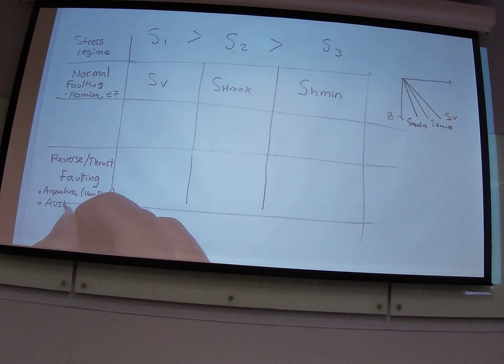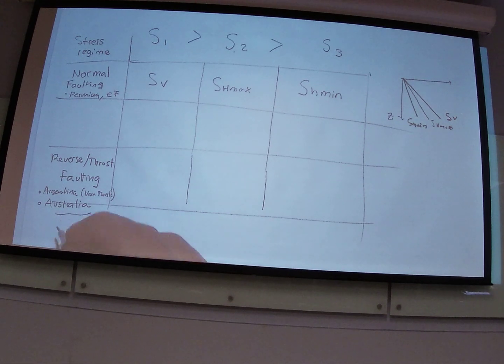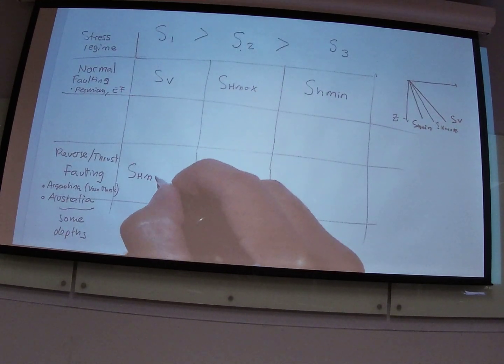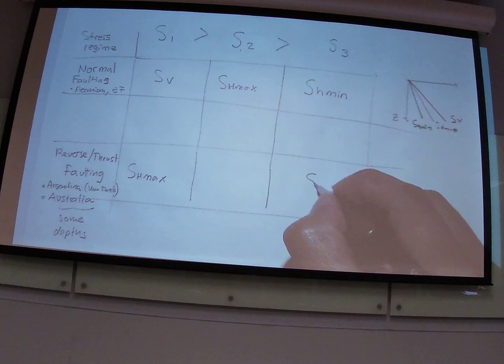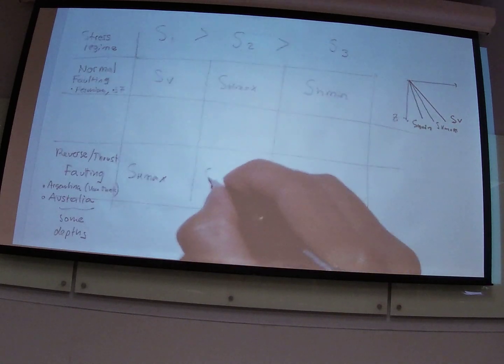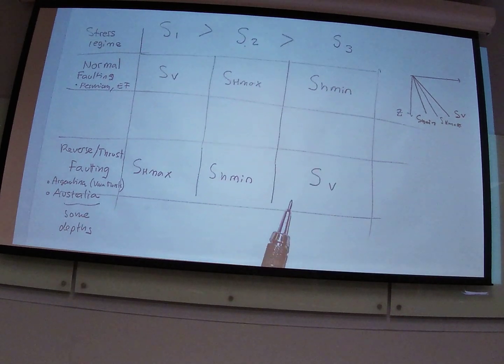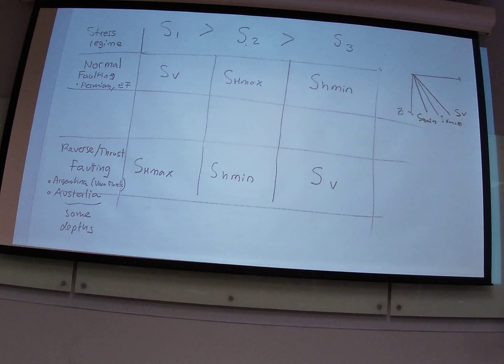In many reservoirs in Australia, you also have reverse faulting. And in this case, your maximum principal stress is horizontal, and your minimum principal stress is actually vertical. In this place, both of the horizontal stresses are actually larger than the vertical stress.